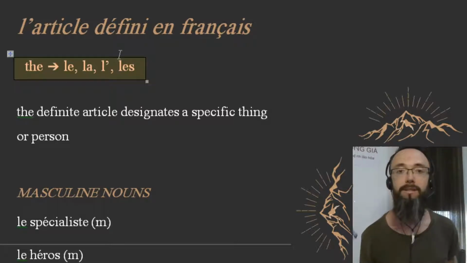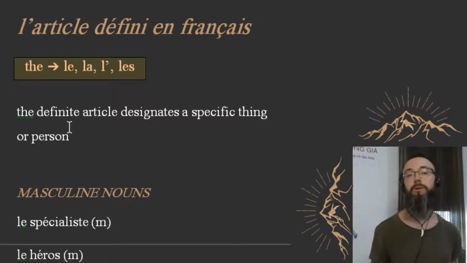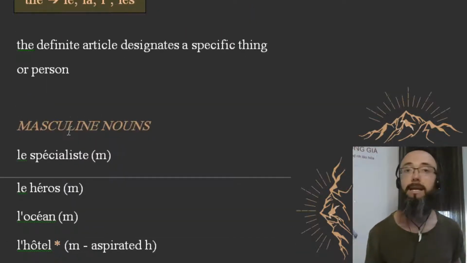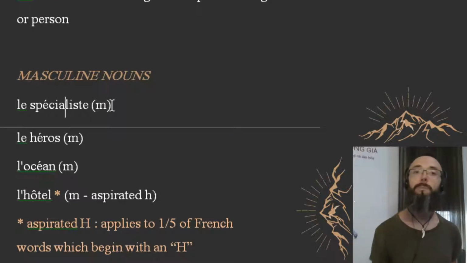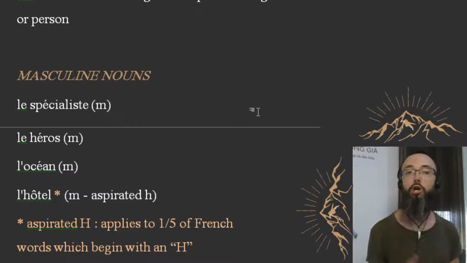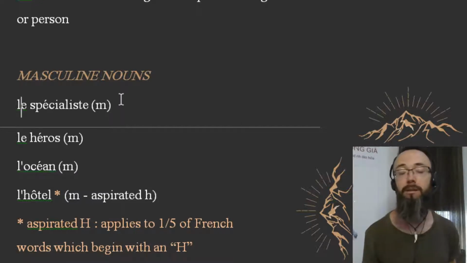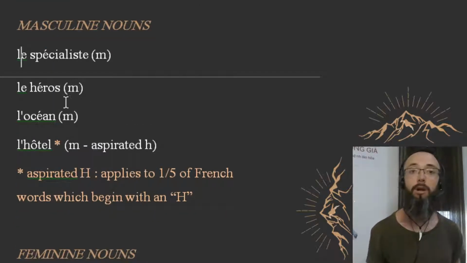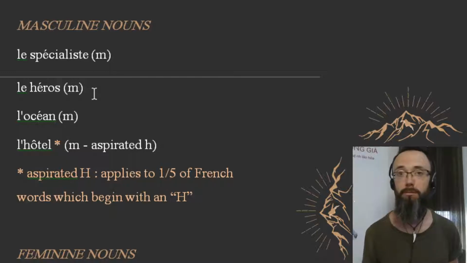So here we have this definition we just talked about. The definite article designates a specific thing or person. Let's take examples. Le spécialiste. The specialist. Le spécialiste in French because it's a masculine singular form. Le héros. The hero.